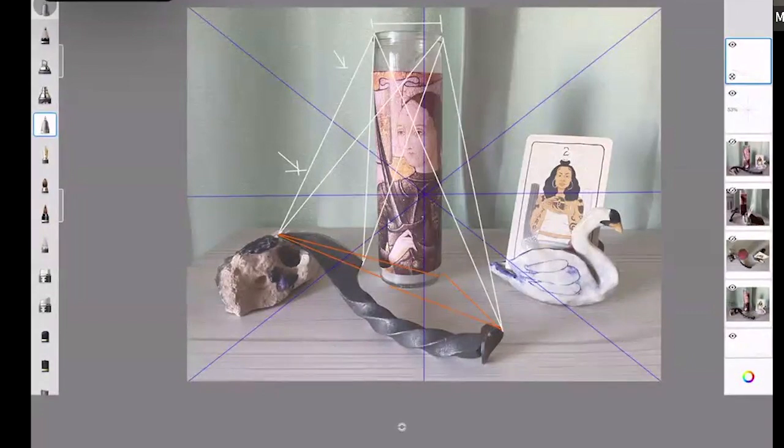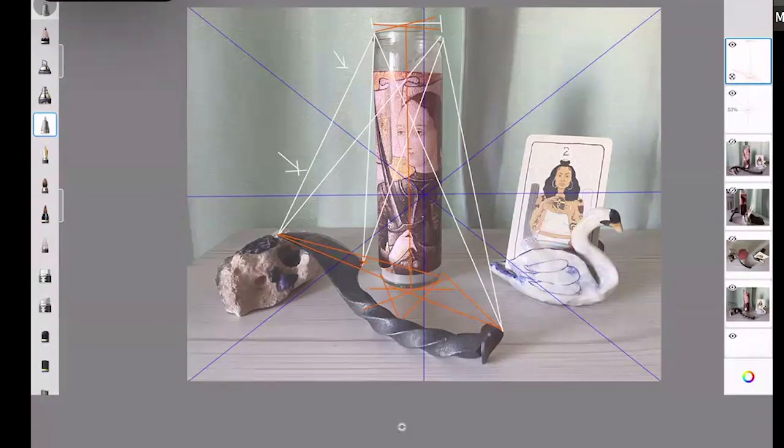In this situation, I wouldn't pick this point to measure from because it's too close. I might pick this point here. Okay, so now I've been able to establish the top and the bottom location, which is going to give me the entire height.